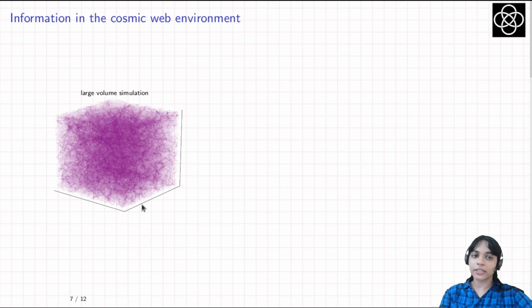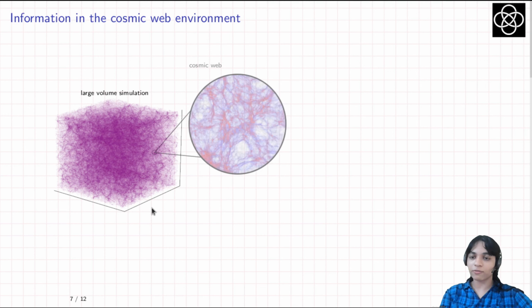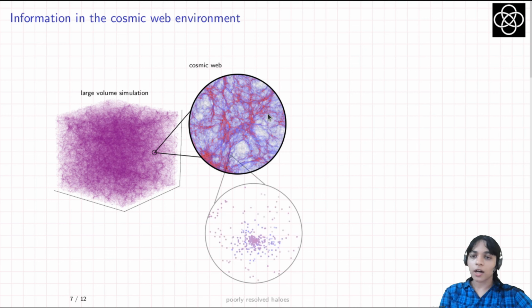For which let's take a look at the schematic representation of the large volume simulation again and zoom in not all the way down to a halo but down to its environment. What we see is a web-like structure of dark matter, which is often called the cosmic web. The dark matter halos are found embedded in this structure.